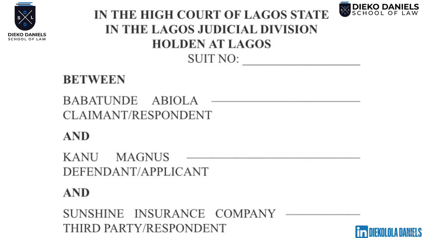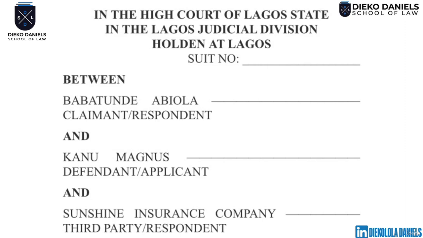And I also told you in our interlocutory application, Module 8, that when you are bringing an application, listen carefully, somebody has to be designated the applicant. Somebody has to be designated the respondent. Right? I have taught you that.